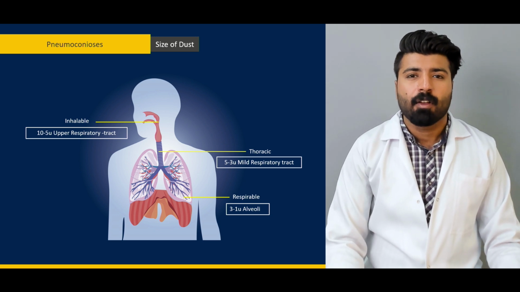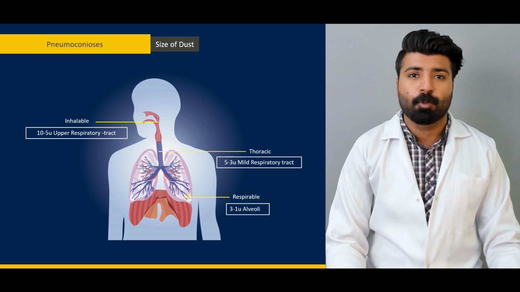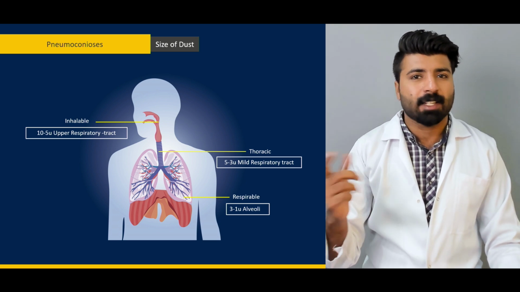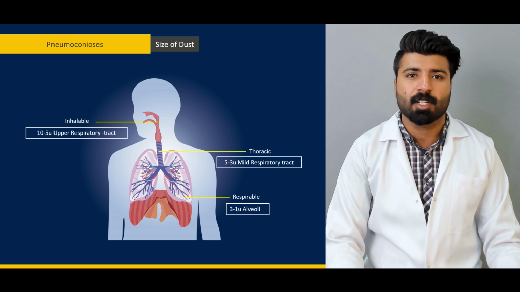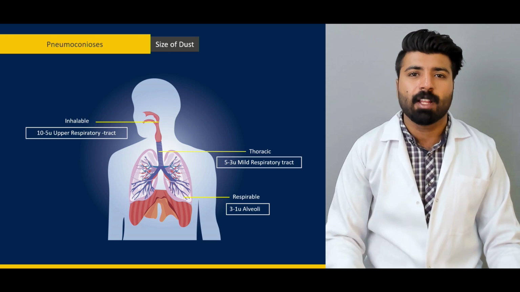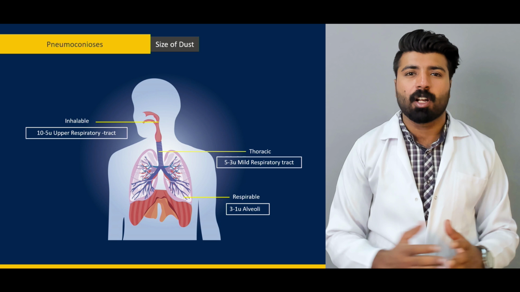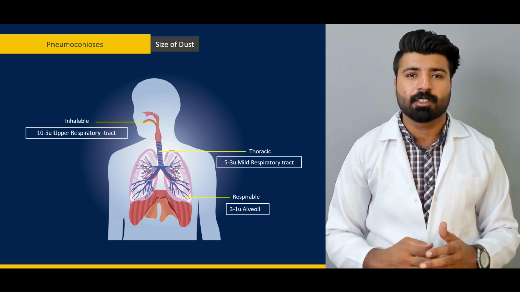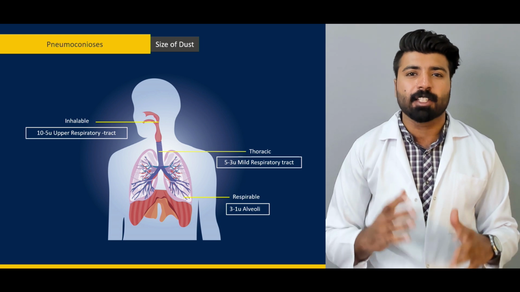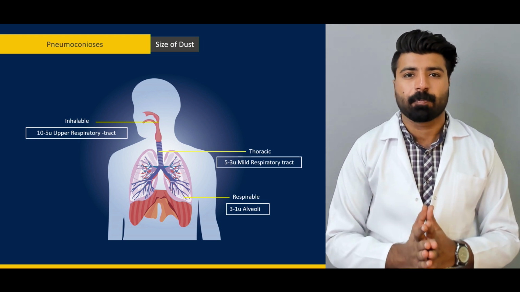Lymphatic cells will identify that there's a problem, and that starts a cascade. All of the inflammatory mediators will start pouring out in the lung at the point where this foreign substance is coming in. All of the collagen fibers, lymphocytes, neutrophils and eosinophils will start accumulating, and this will lead to inflammation.